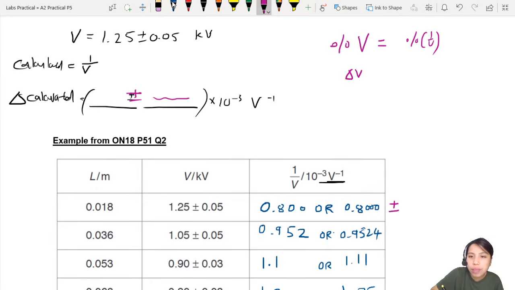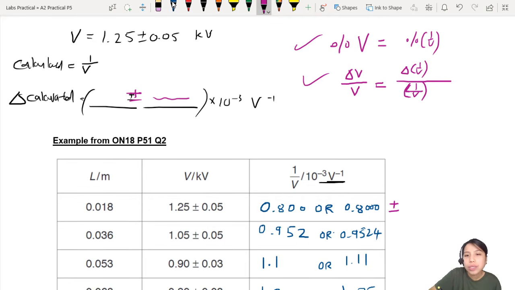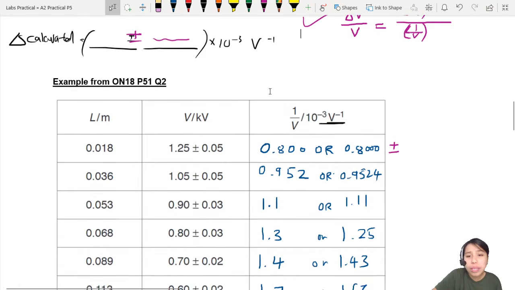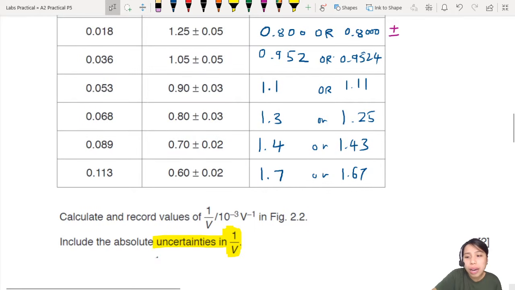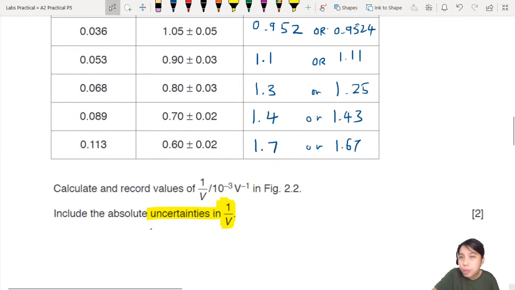So uncertainty in V over the value is equal to the uncertainty in 1 over V, which is what you're trying to find, over the value of 1 over V. This is the fractional or percentage method, up to you. You want to use this one also can, this one also can. Usually it's easier to do the fractional method now, because all this you do is only 1 mark. See the 2b above my head here?